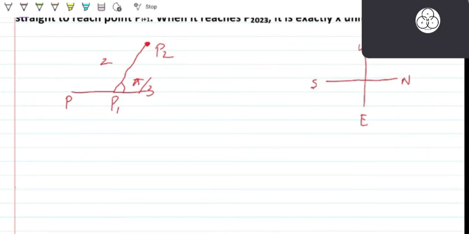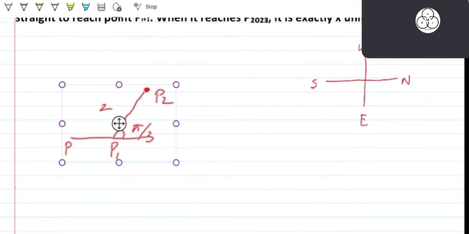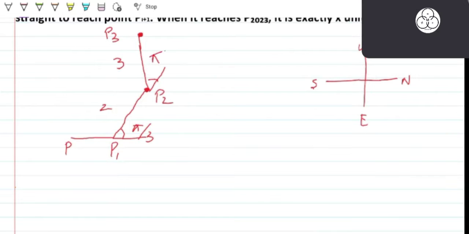From P2 again I will travel, making an angle of 60 degrees, 3 units to reach P3, and this angle is again going to be pi by 3. Again, these angles are pi by 3.